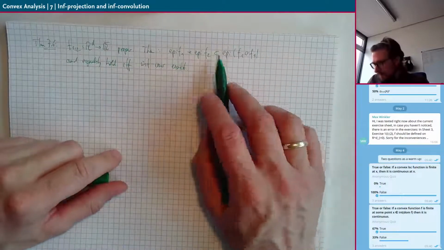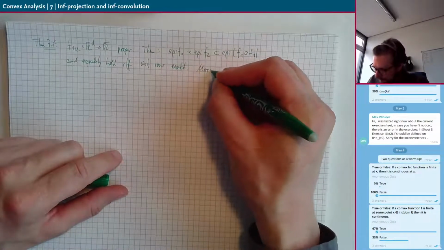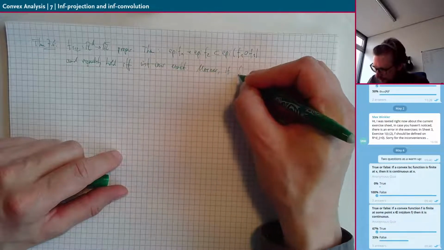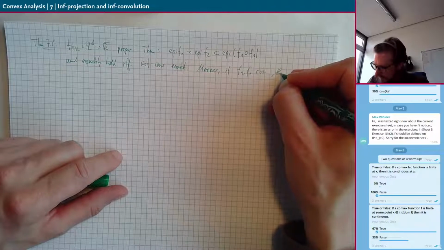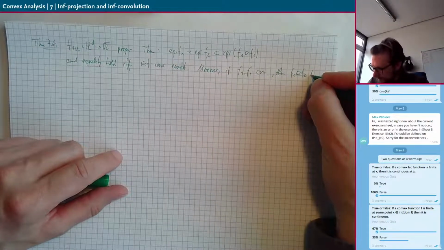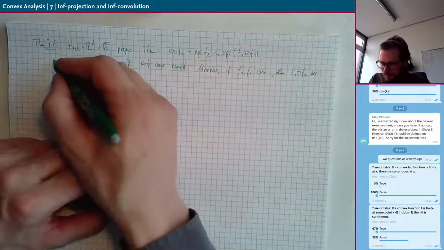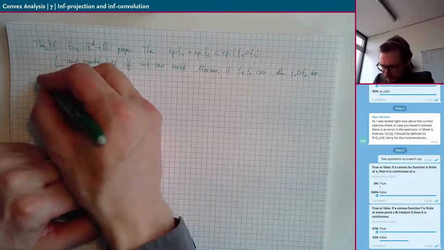This is by exactness. So moreover, if f1 and f2 are convex, then the inf-convolution of f1 and f2 is convex. Okay, that's the result. Let's prove it.